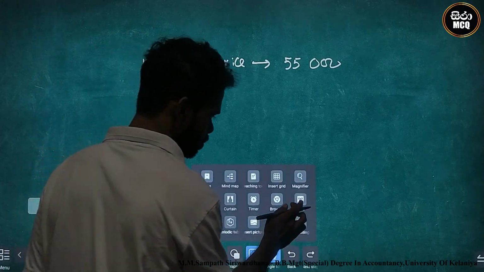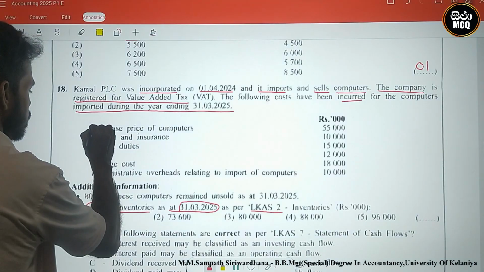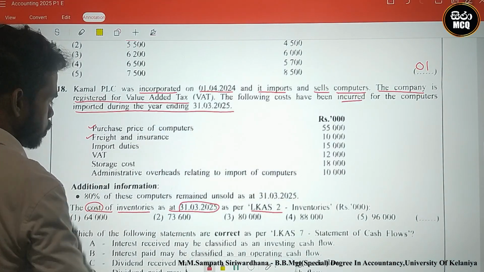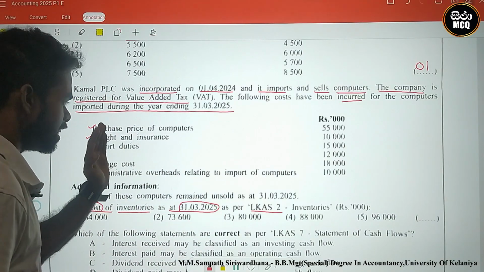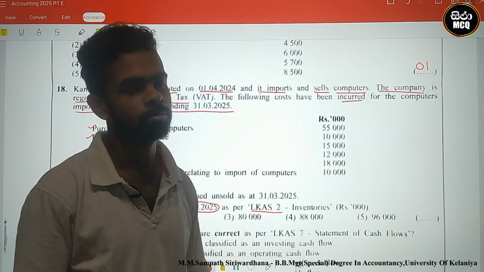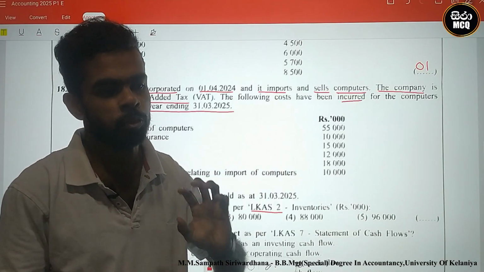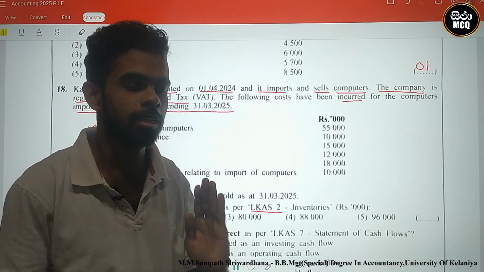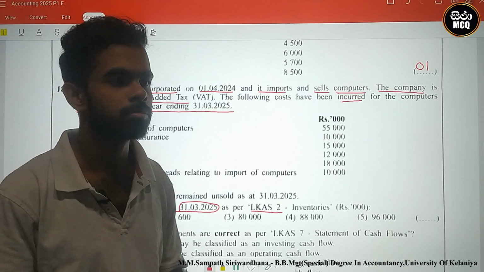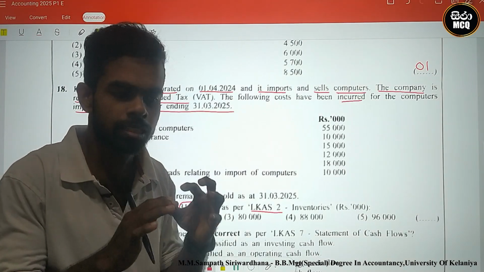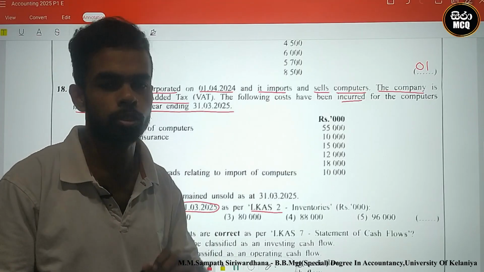What is the other one? The other one is freight and insurance. The freight is the shipping cost. Okay, freight and insurance 10,000. Can you include it? Yes. At the importing time, you must pay the shipping cost and insurance. Why? This is a compulsory cost to import the goods.